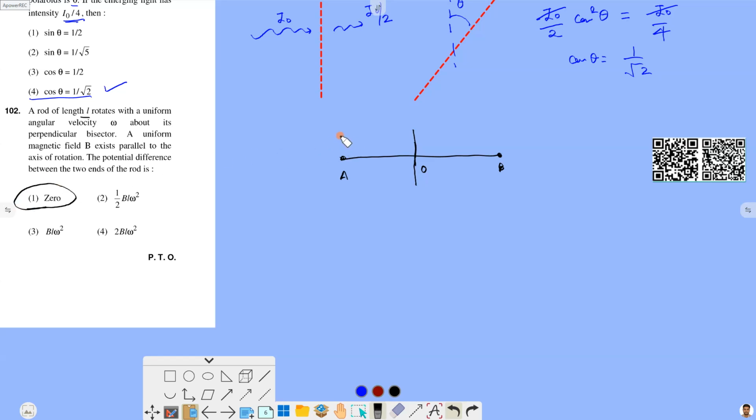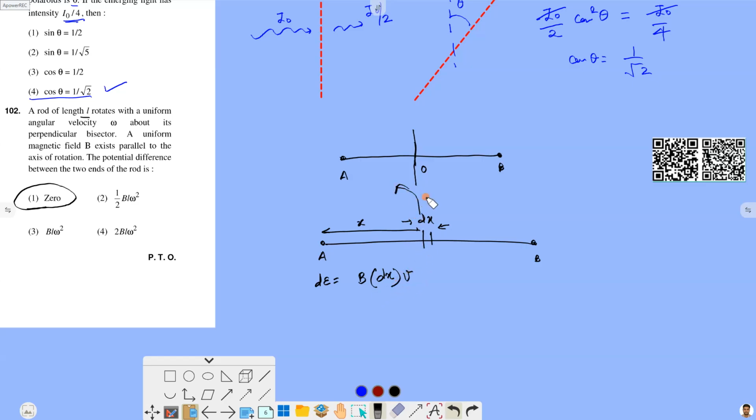But if I am rotating it about point A, then we can find the value of induced EMF due to motion of the conductor in a magnetic field. There will be an induced EMF. So suppose this is our conductor rotating about point A. Now we take a small element of length dx, at distance x from point A. Then the induced EMF in this small element dx will be equal to BLV, where B is the magnetic field, L is the length of this small element, that is dx here, into the velocity of this small element.